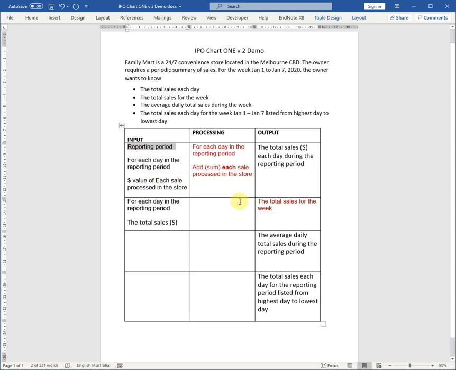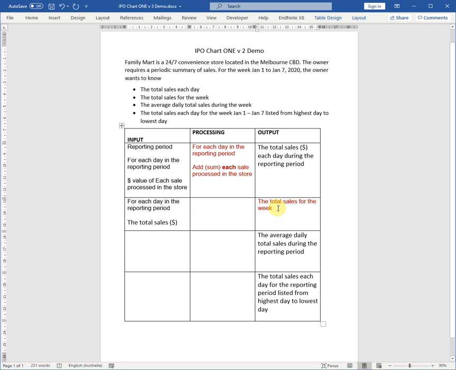An input for each day, which means here, so you've got each day in the reporting period, so we need to know the reporting period to see what the end of the period is. And each sale for the store is calculated within that period. Right? Okay. All right. Let's go to the next bit.